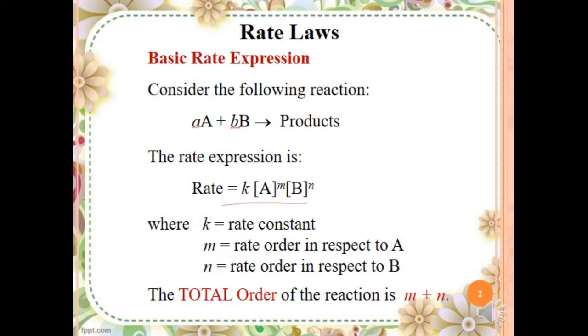Note that m and n here are the order of reaction, not the stoichiometric values of A and B. It's a totally different thing, like I have explained in my previous lecture. This one comes from the experimental value.